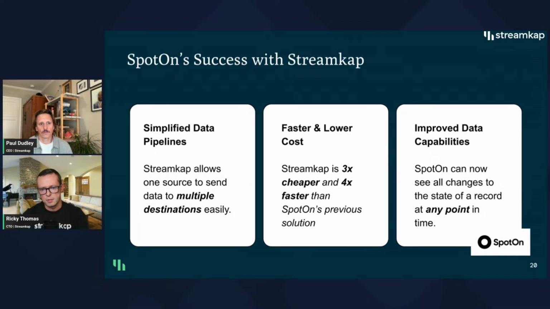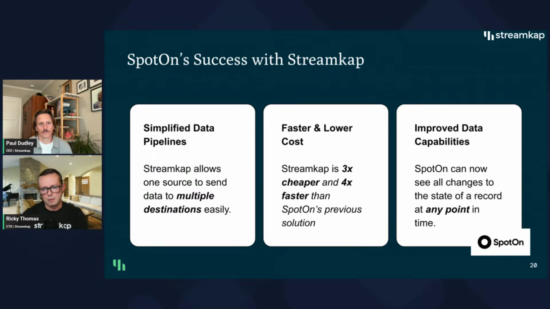All downstream processes were improved and ran faster. And on top of that, by the way, because of the way streaming data often works, they can also look at the state of a record at any point in time historically. And that was just fixing the MySQL to Snowflake pipeline.